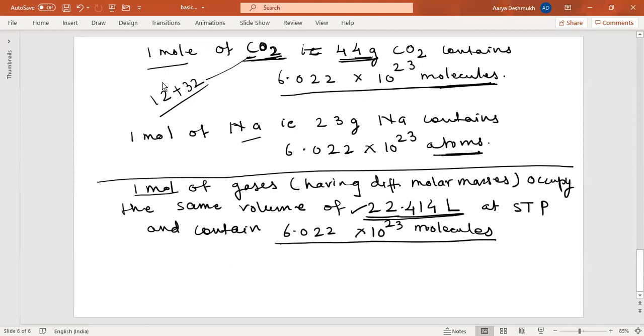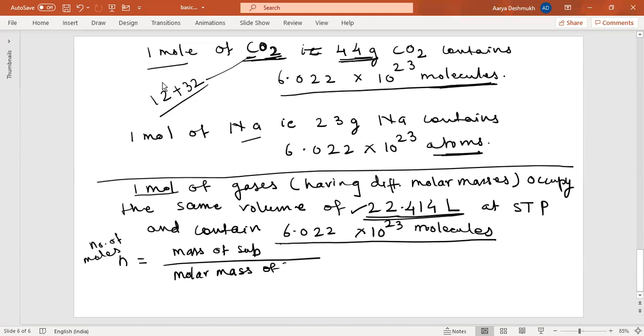Okay. Now, in short, you can write the number of moles, which is denoted by small n. Number of moles equals mass of the substance divided by molar mass of the substance. This is one way we can find the number of moles.